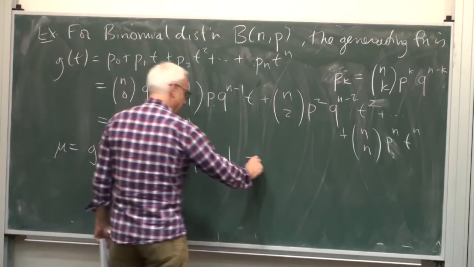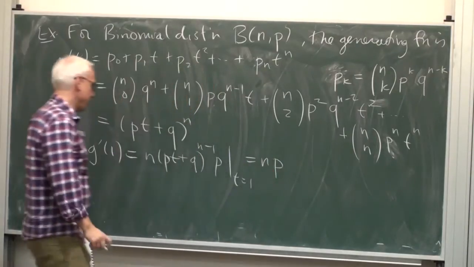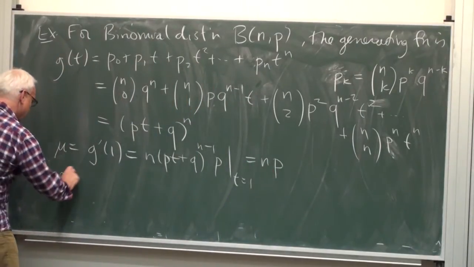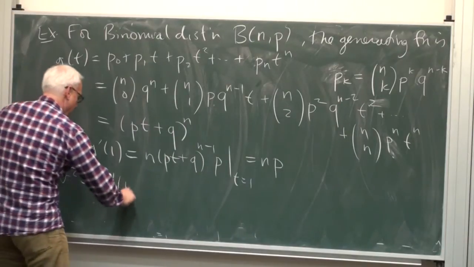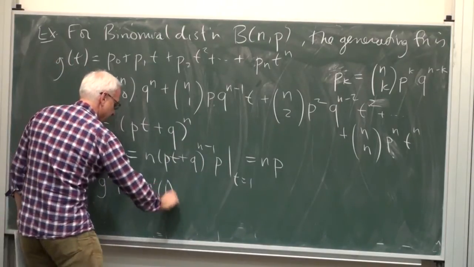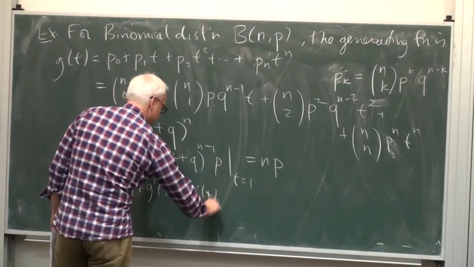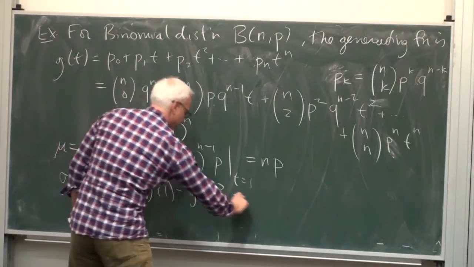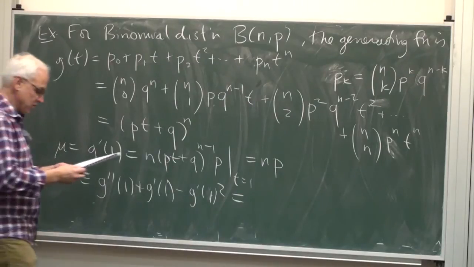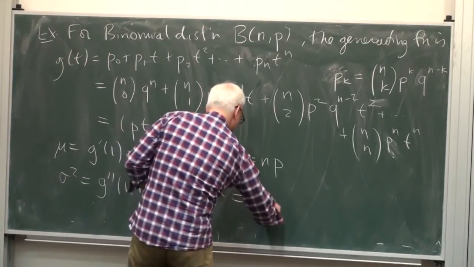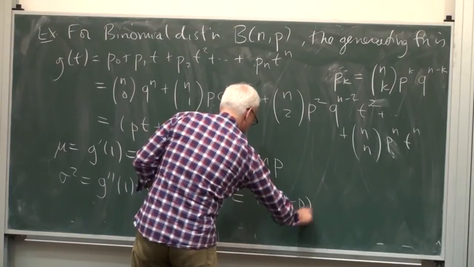And so we just get n times p. And the sigma squared, well, it's g double prime of 1 plus g prime of 1 minus g prime of 1 squared. So I'm going to leave that to you as an exercise, a little bit of differentiation and such, that you get n times p times 1 minus p.